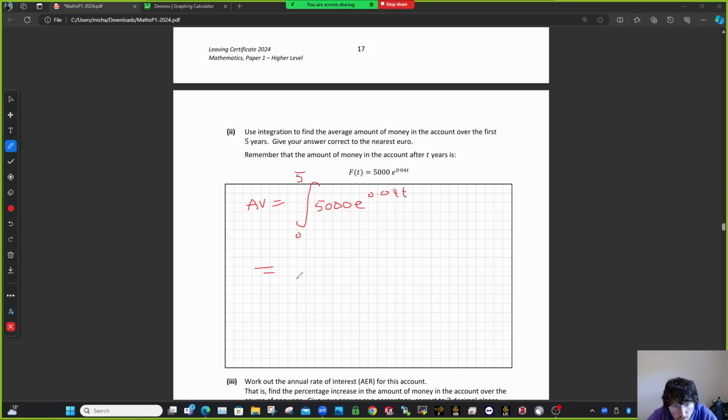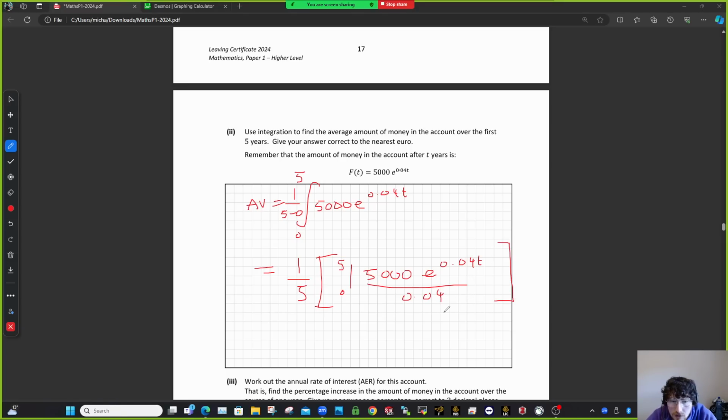Now, 1 over 5 minus 0 out the front, so that's a fifth, and then in a square bracket, we'll multiply by the integral of this. I change it to a straight line like this, and the integral is e to the power, it stays the same, and you just divide by the differential of the power.